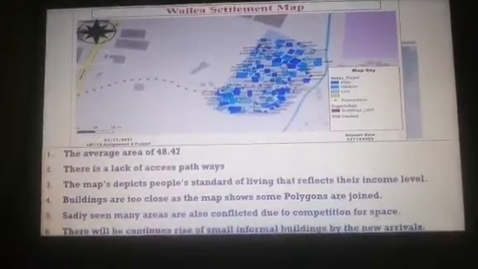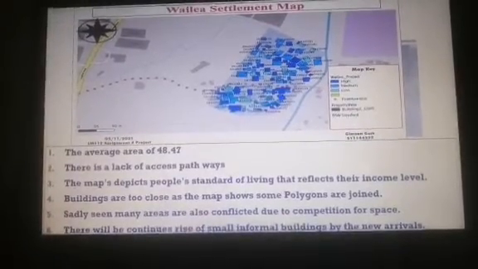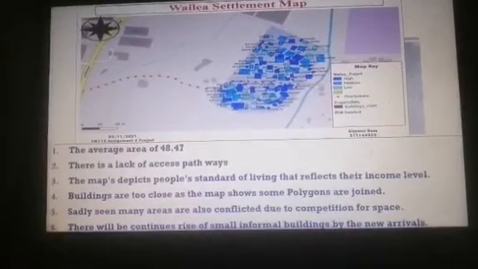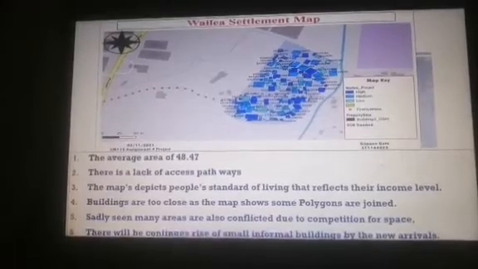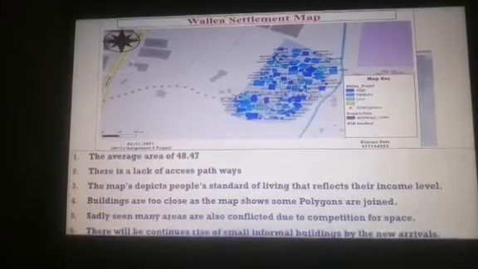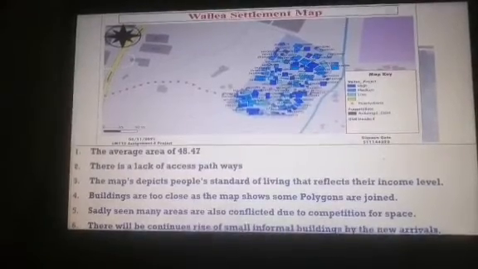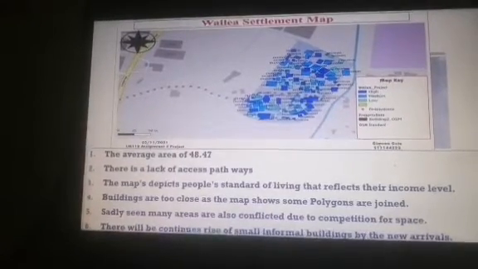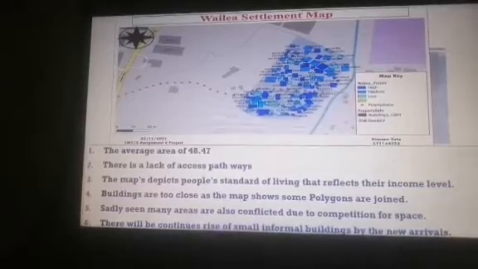For our final point, point 6, there will be a continued rise of informal buildings by the newly arrived. This is the issue that we uncover here, and mainly those who are responsible take no action about it. In addition, people will still continue building in Wailea settlement. There will be an increase in the population there.